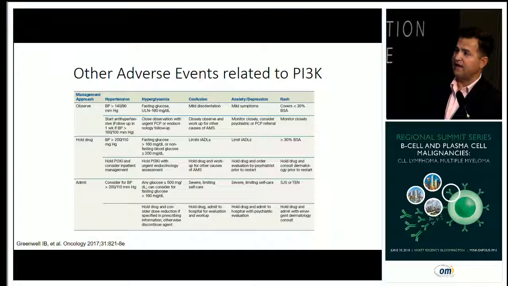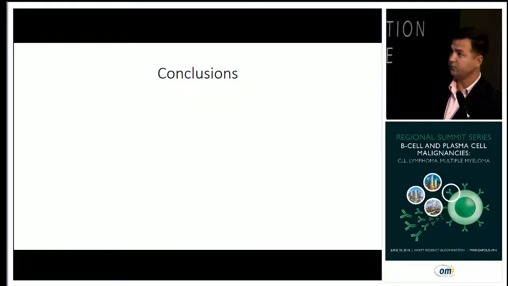And lastly, last slide, other adverse events. With the experience with copanlisib, with hyperglycemia and hypertension, I think it's important to know how to move forward if alpha is going to be inhibited, to try and allow patients to stay on these drugs for a longer period of time, limiting dose interruptions or dose reductions here.